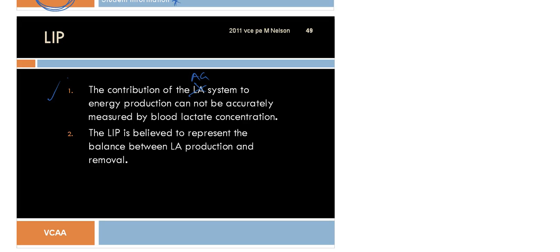LIP is believed to represent the balance between lactic acid production and lactic acid removal. So it is the balance where lactic acid production equals lactic acid removal.